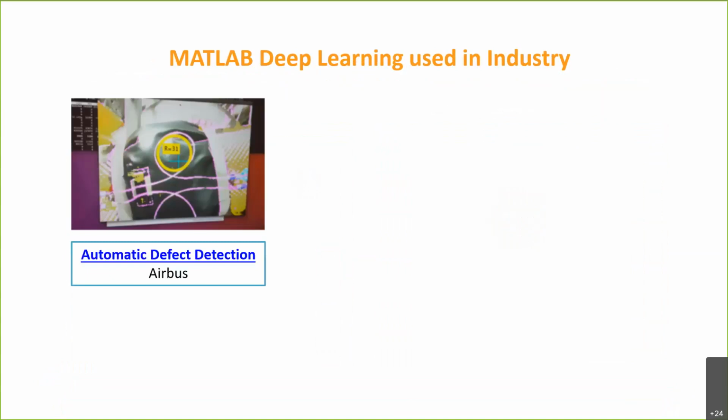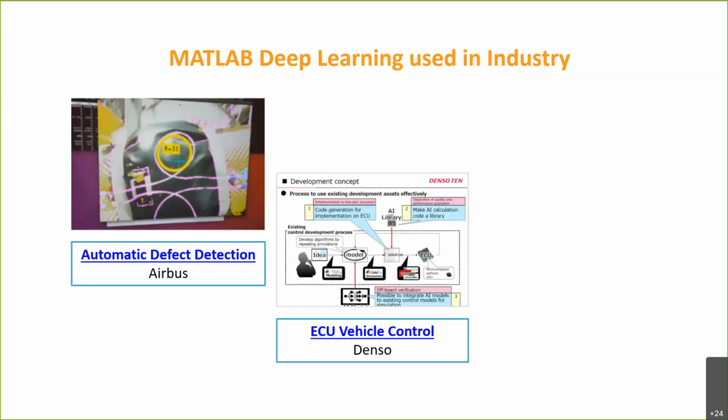We are seeing applications developed with our software MATLAB across different industries. First, aerospace and defense, where Airbus is performing automated defect detection via a deployed model running on an embedded GPU. Second, automotive, where Tensor is modeling, simulating, and deploying models for their complex engine control system.